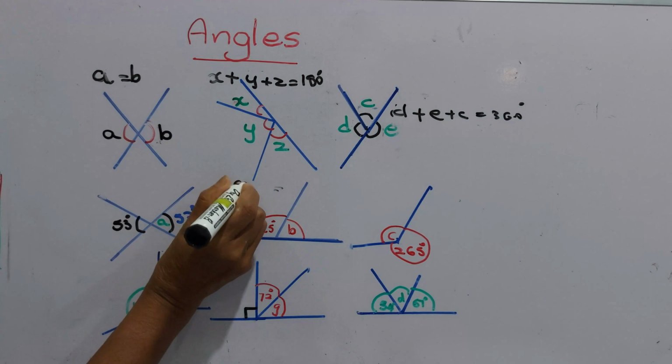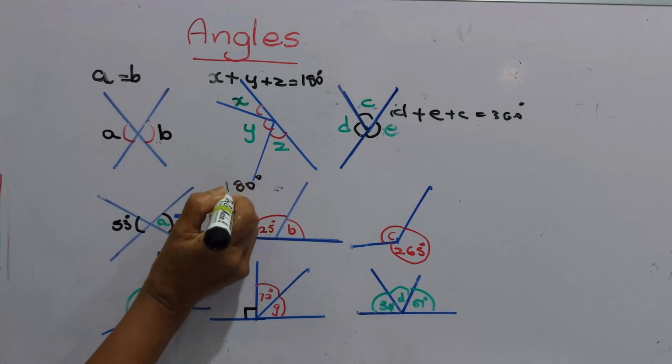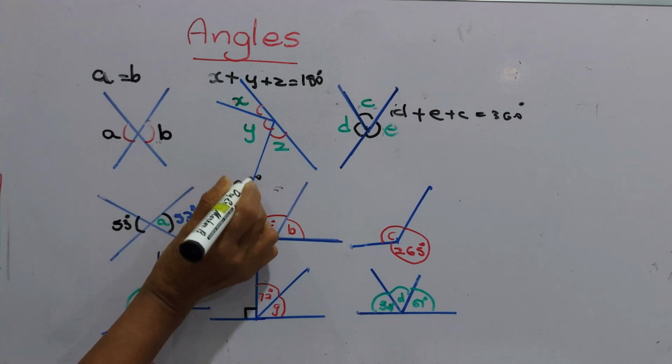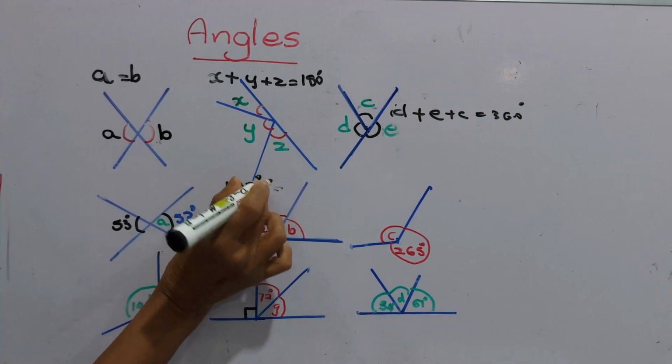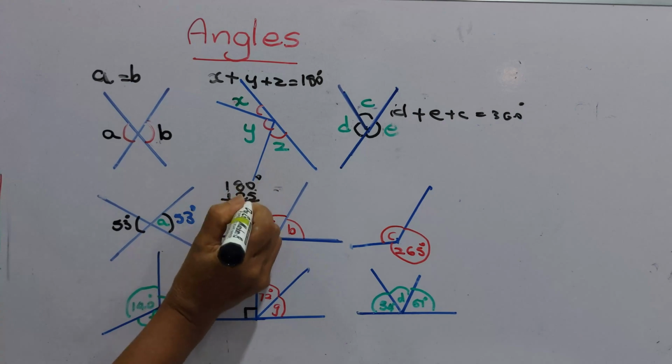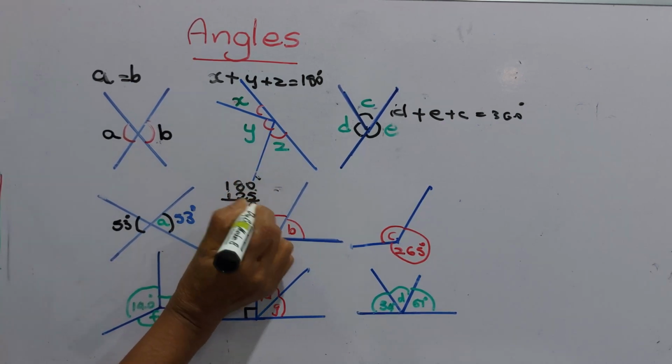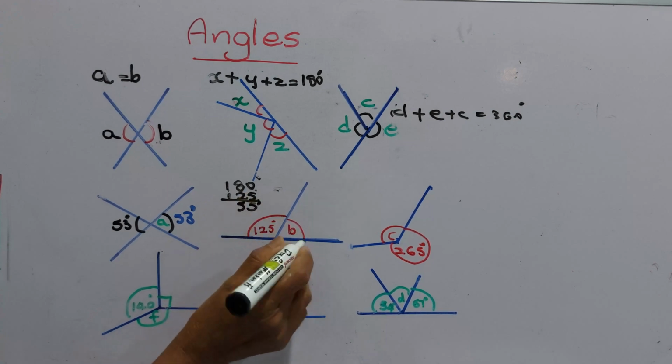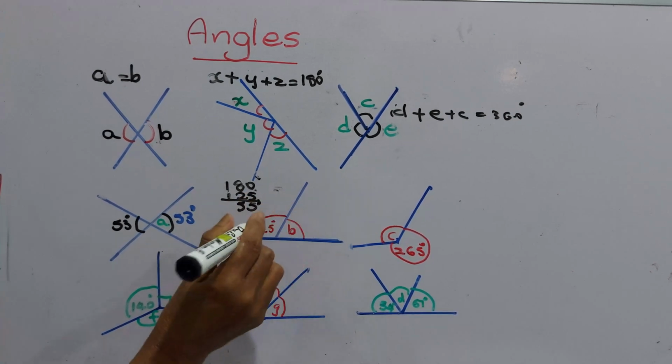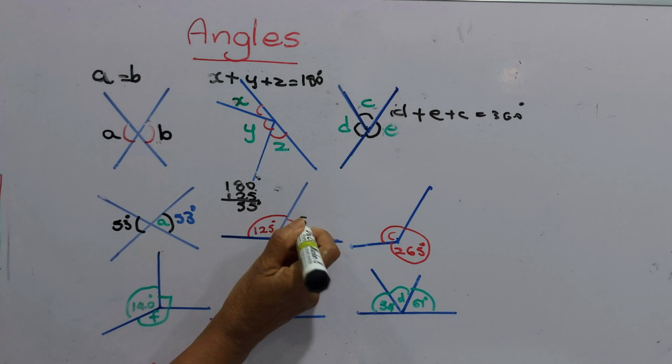Then what are we going to do? We have to subtract 125 from 180. What's the value of angle B? That is 55 degrees.